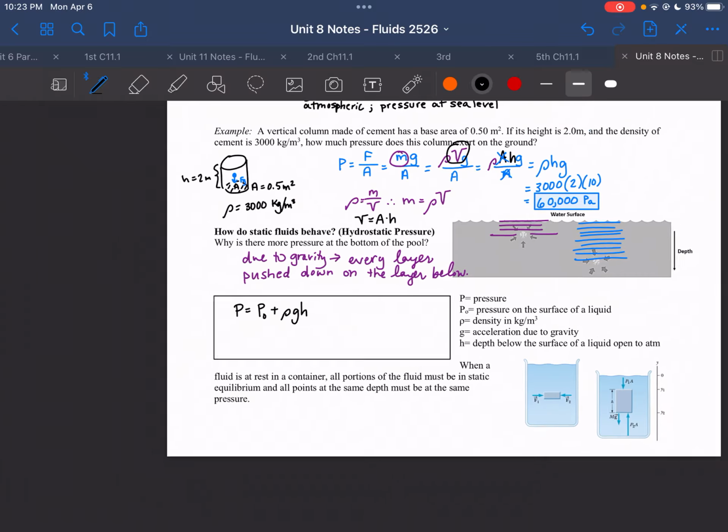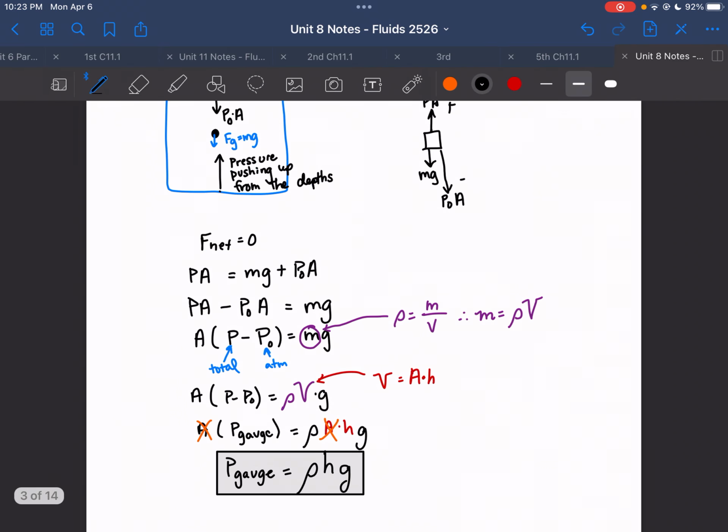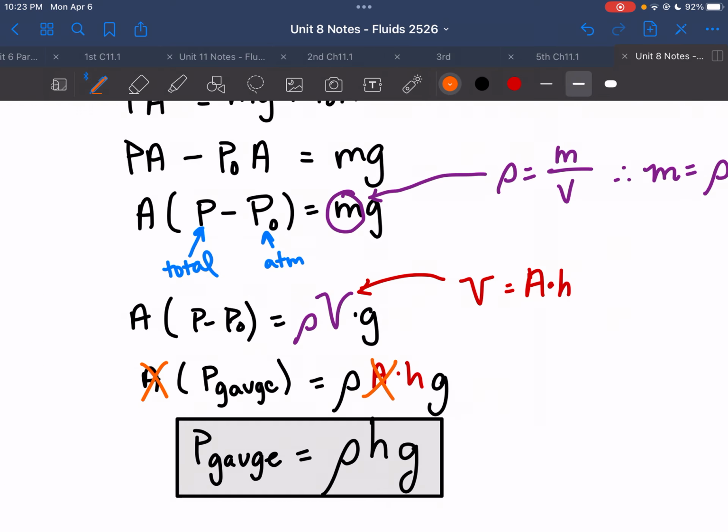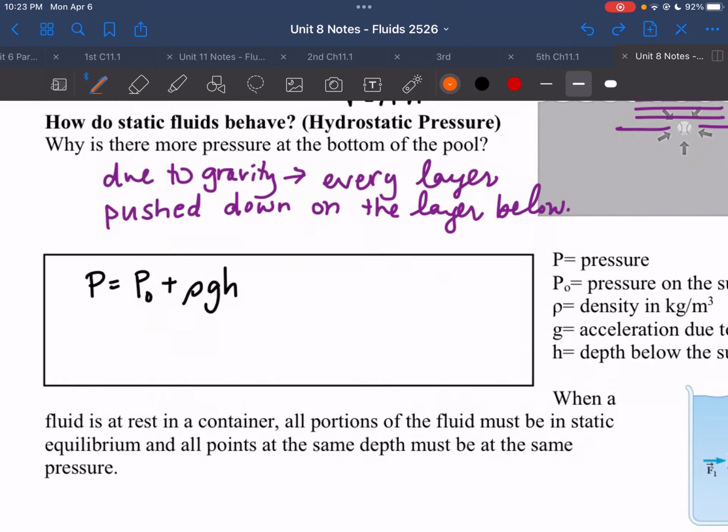This is what we just derived. The only thing different is we don't have the gauge part. So that's our first equation.